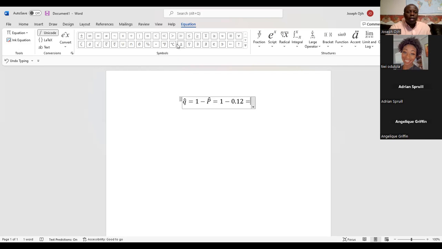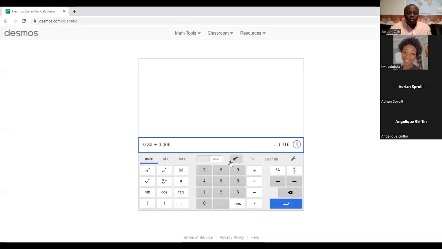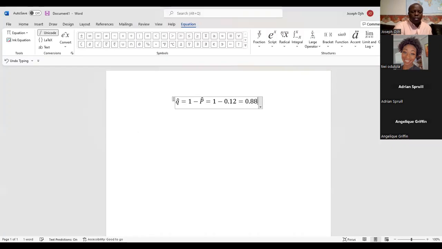Let me use the calculator. 1 minus 0.12 is 0.88. I'm going to copy this and paste it into the main workbook.